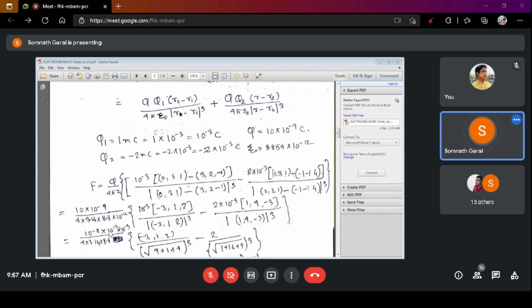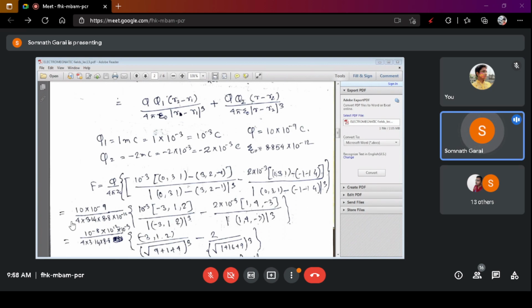Now, if we calculate it, first we calculate the distance between the position vectors, that is R minus R1 and R minus R2. So 0 minus 3 is minus 3, 3 minus 2 is 1, 1 minus of minus 1 is 2, right? Similarly in the denominator, also minus 3, 1, 2, whose mod, then R minus R2, that is 0 minus of minus 1, that is 1, right? 3 minus of minus 1 is 4, and 1 minus 4 is minus 3.